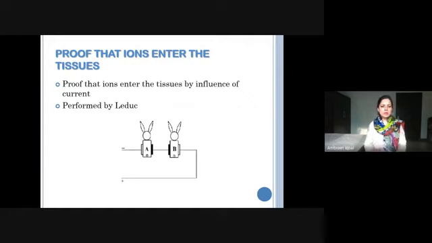What he did is he dipped one anode and one cathode in a solution of strychnine ions. Strychnine ions are poisonous, and the other electrodes he dipped in some harmless solution.